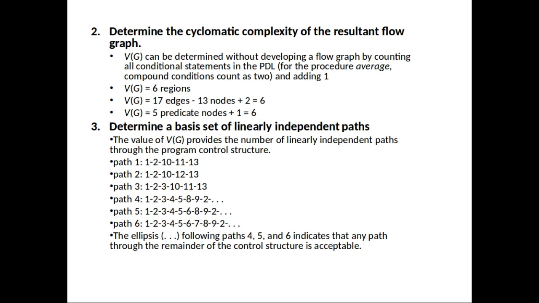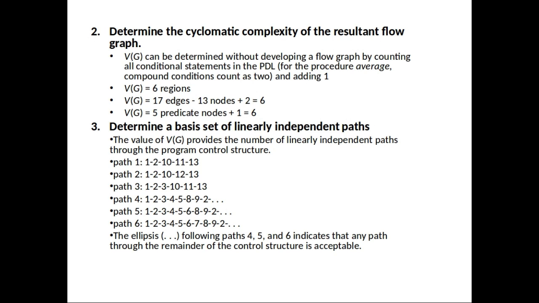Path 4: 1, 2, 3, 4, 5, 8, 9, 2, etc. Path 5: 1, 2, 3, 4, 5, 6, 8, 9, 2, etc. Path 6: again 1, 2, 3, 4, 5, 6, 7, 8, 9, 2, etc. The ellipsis, etc., following paths 4, 5 and 6 indicates that any path through the remainder of the control structure is acceptable.